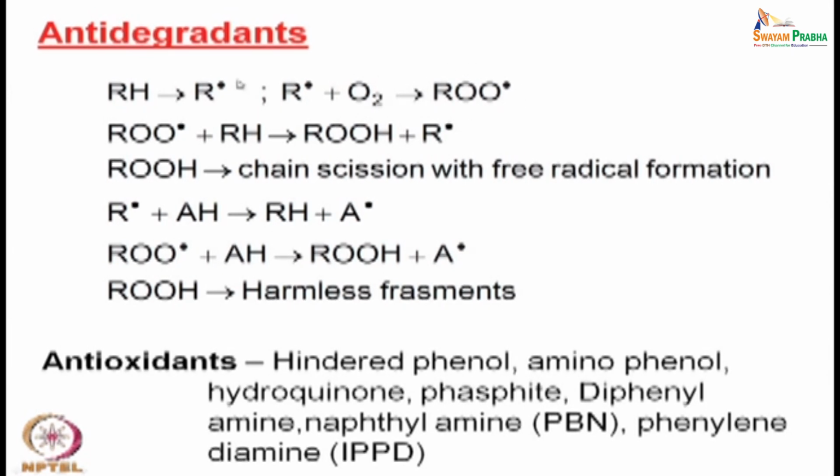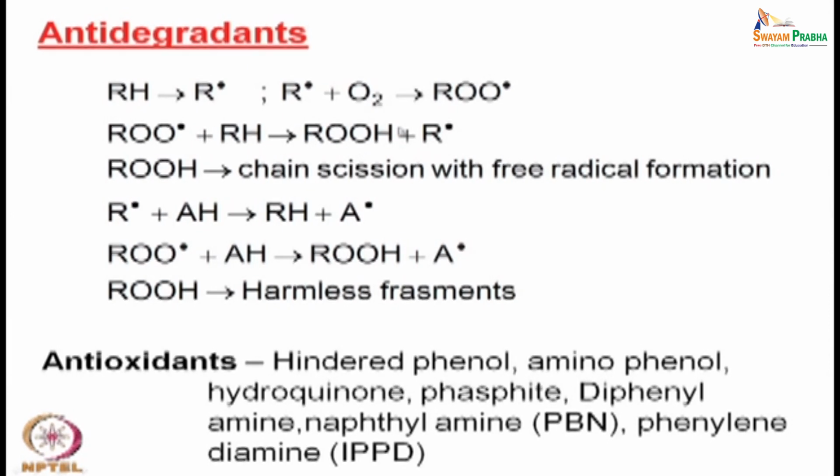Once this is initiated on the surface of a rubber product that has access to oxygen in the atmosphere, it forms a peroxy radical. This peroxy radical is far more active than the R radical. It then abstracts hydrogen from another part of the rubber hydrocarbon or from other rubber hydrocarbon molecules, forming a hydroperoxide.